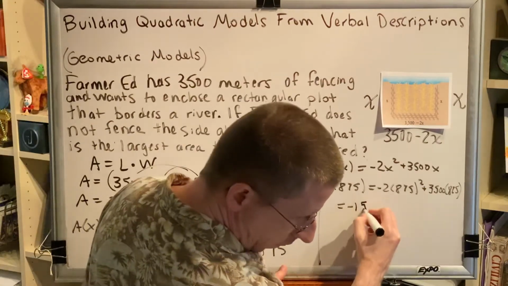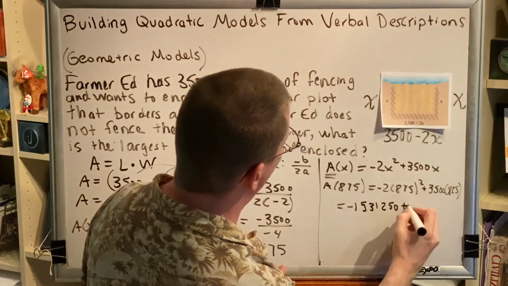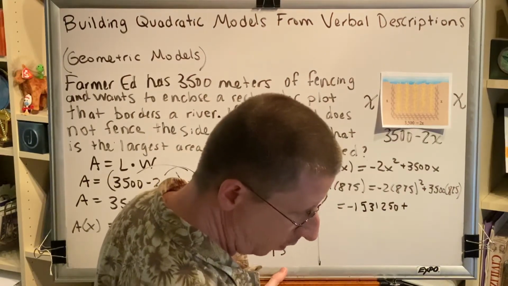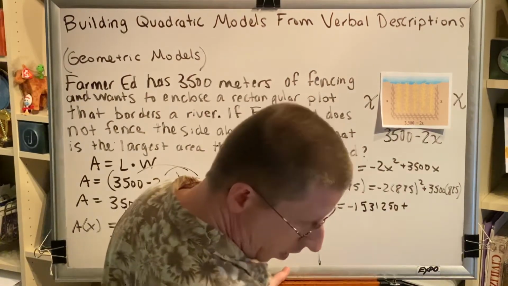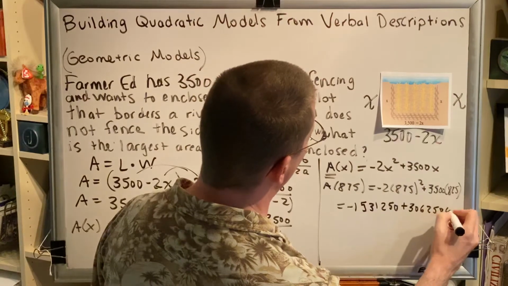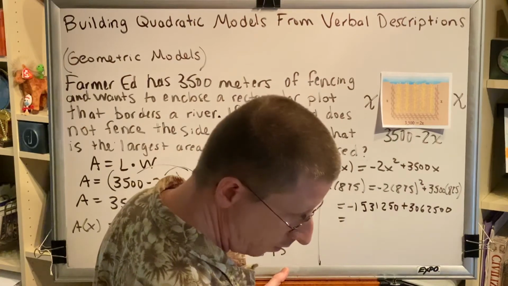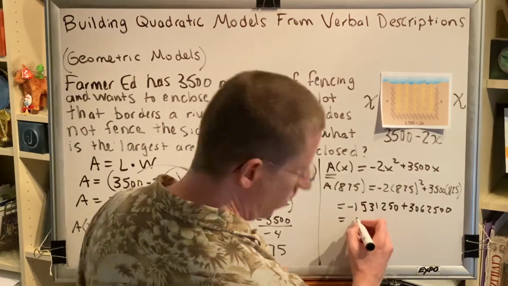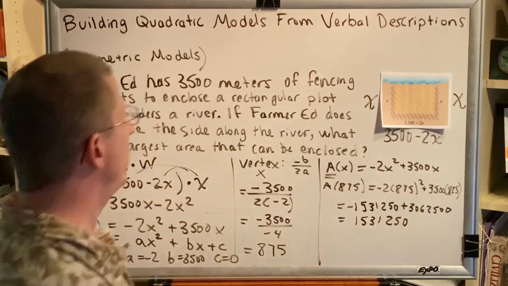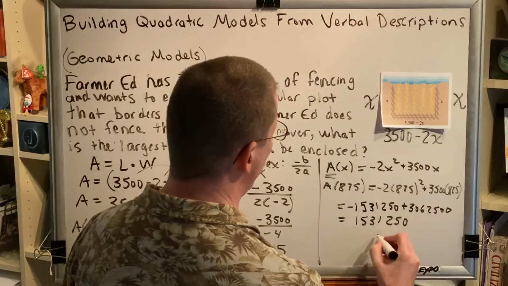Negative 1,531,250 plus, then I have to do 3,500 times 875, which is also a really big number, 3,062,500, and then perform the subtraction, we get the result 1,531,250. So this is the area, and because the lengths that were given in the problem were meters, this area is in square meters.